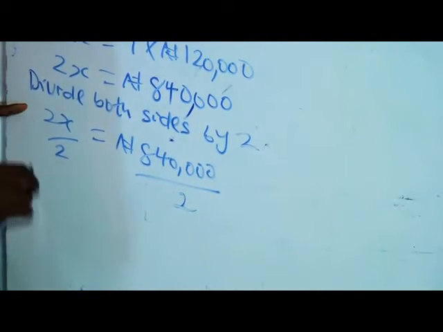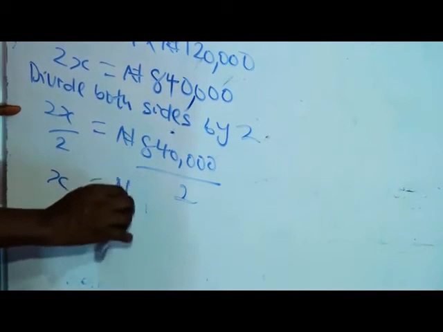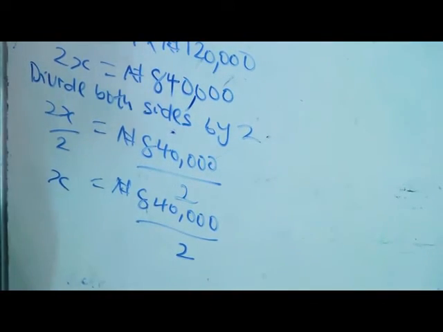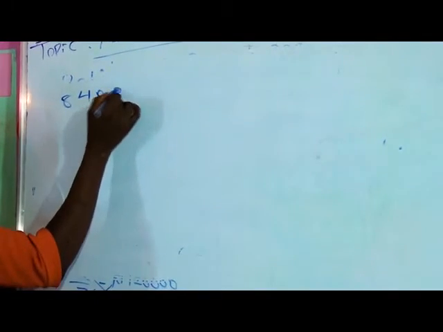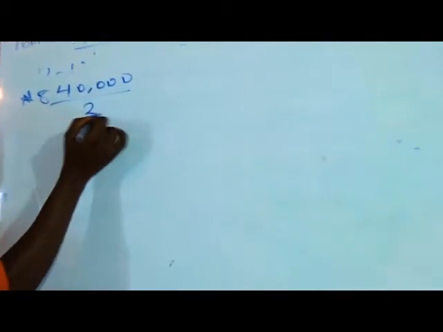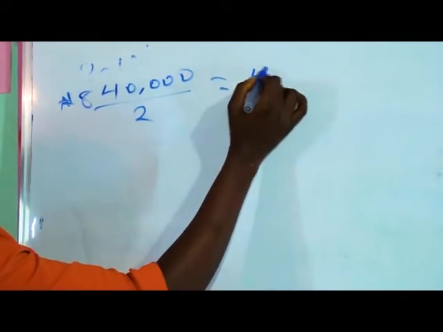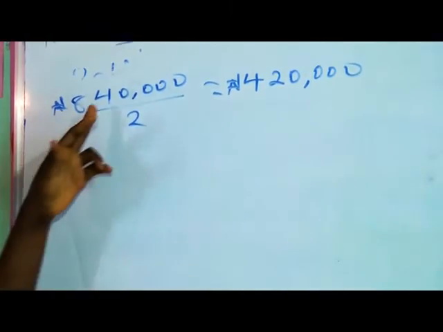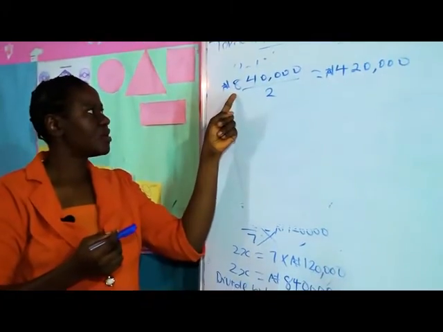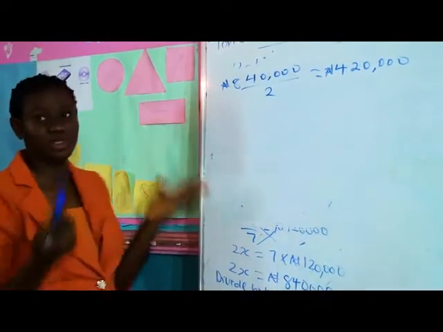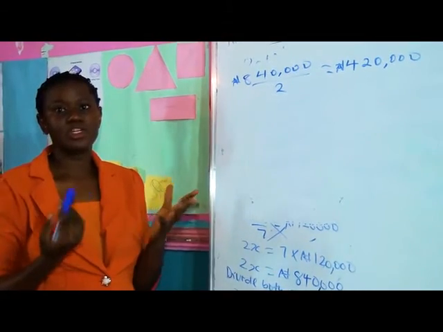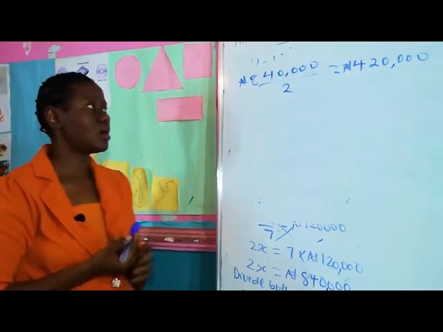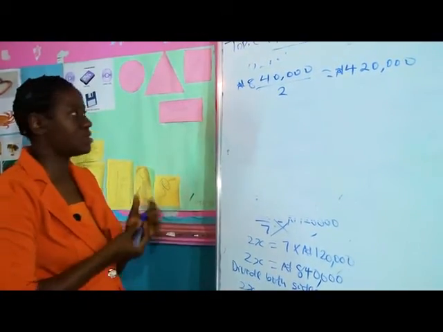So 2 crosses out 2 here, and we have x equals 840,000 divided by 2, which will give us 420,000 naira. That means the shared amount is 420,000 naira. So how much will John get?